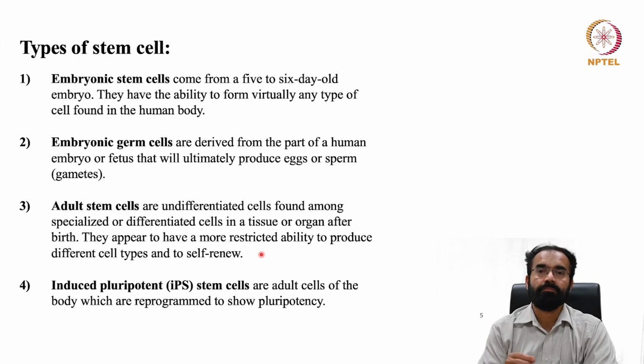There is some cell death happening in a given tissue that will be taken care of by the stem cells. But if there is a massive injury, a serious wound, then the adult stem cells are not powerful enough to fix that damage. They are meant only for running the day-to-day affair. They are not meant for fixing a damaged scenario.